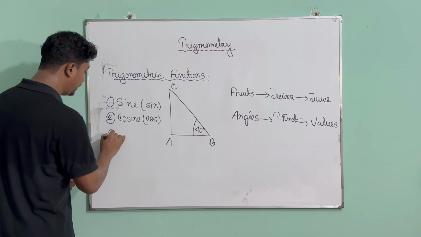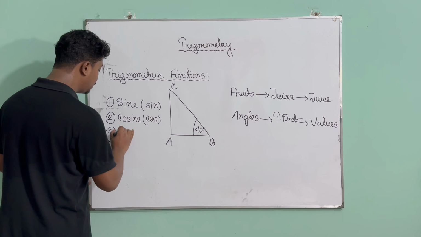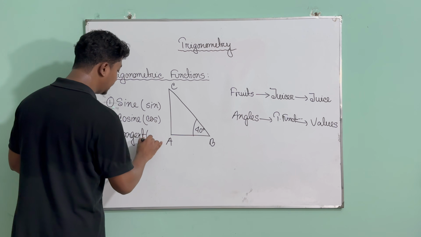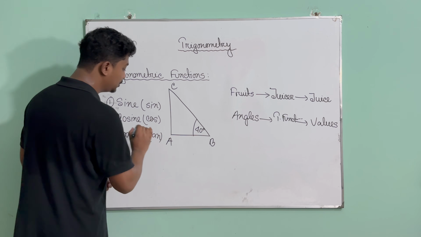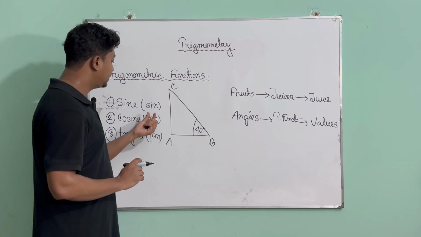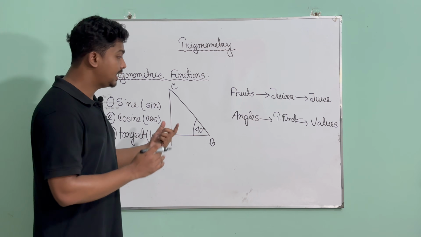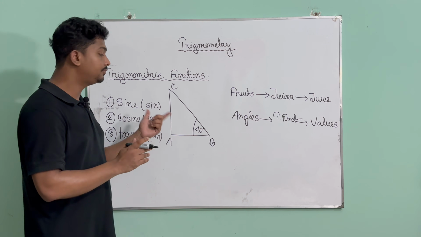And as three, we are going to use another one, tangent. The function is called tangent, and in short we're going to call it tan. So we can use the sine, cos and tan functions to turn angles into values, and then use those values to calculate the lengths of sides.